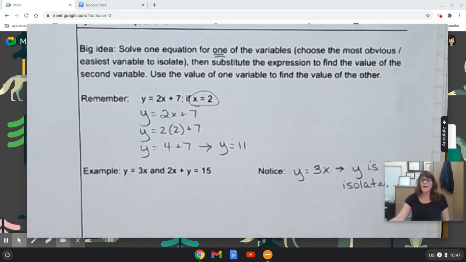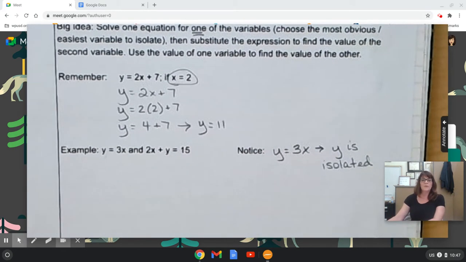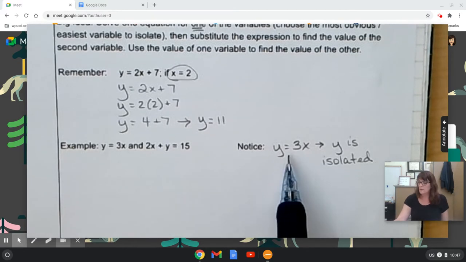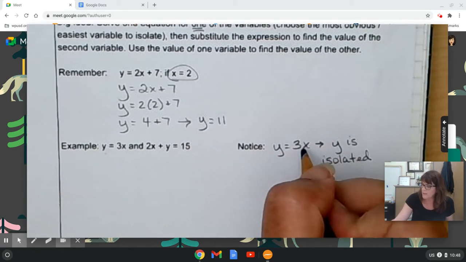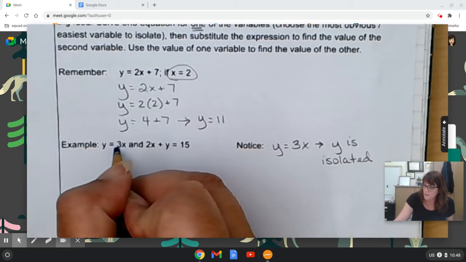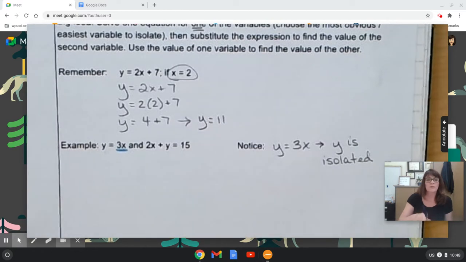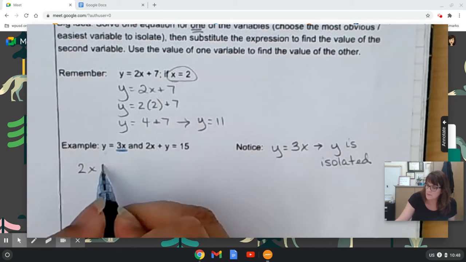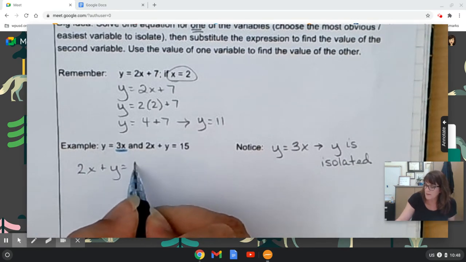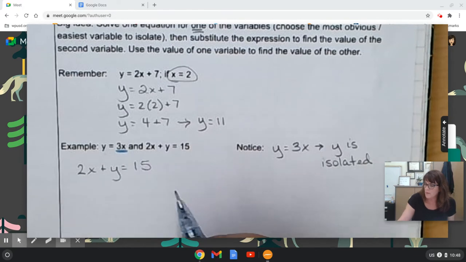If you already have one variable isolated, use that to your advantage. So we already know that y equals 3x. So 2x plus y equals 15.